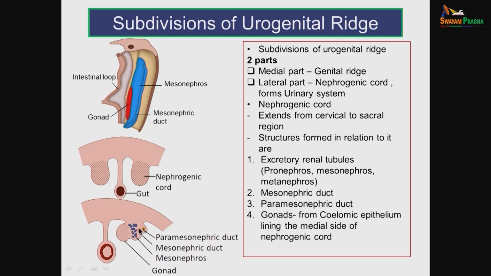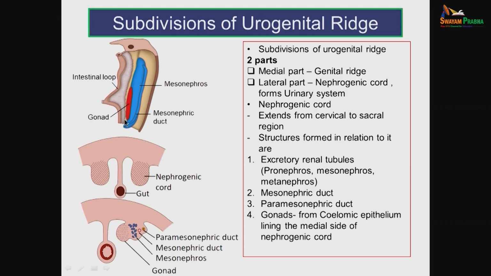Lateral to this, there is a duct which is formed which is called as mesonephric duct, and still more lateral to it there is going to be another duct which is called paramesonephric duct. Medially will be the developing gonads. So, we will orient this to this first picture.